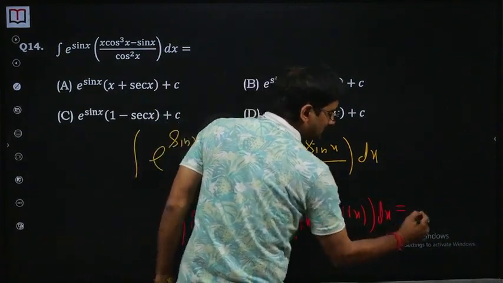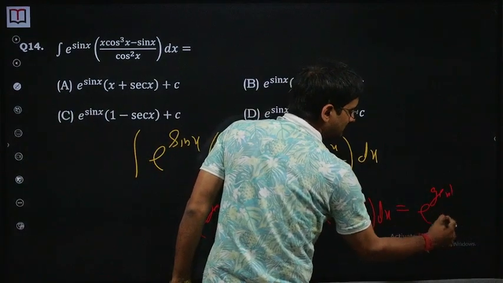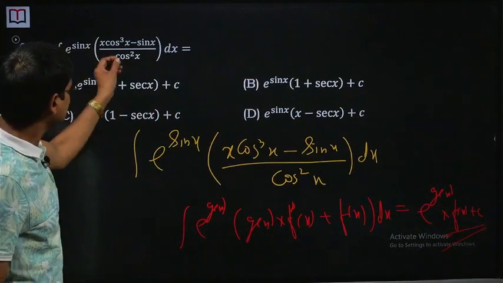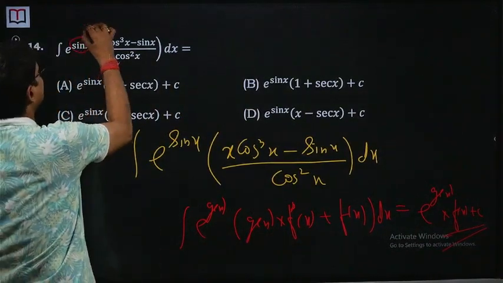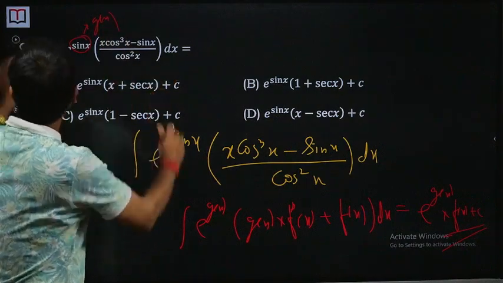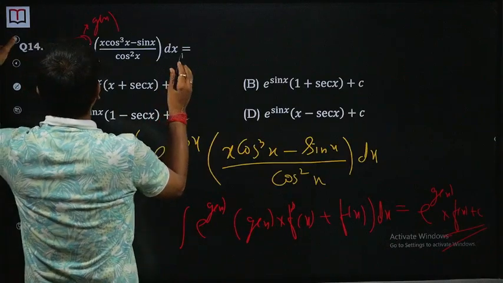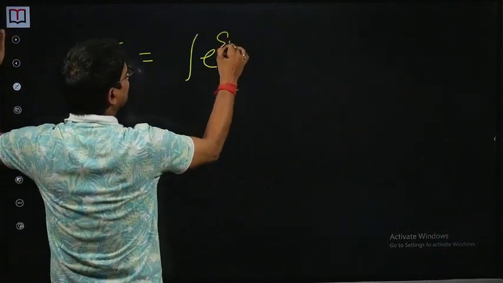If that's the integral, its answer is e raised to the power g(x) into f(x) plus c. So here g(x) is sin x for sure, so that's our g(x). Now we have to rewrite it. So the integral is e raised to the power sin x.